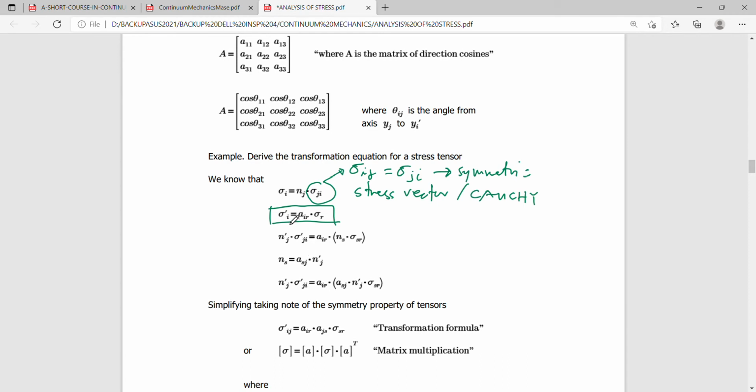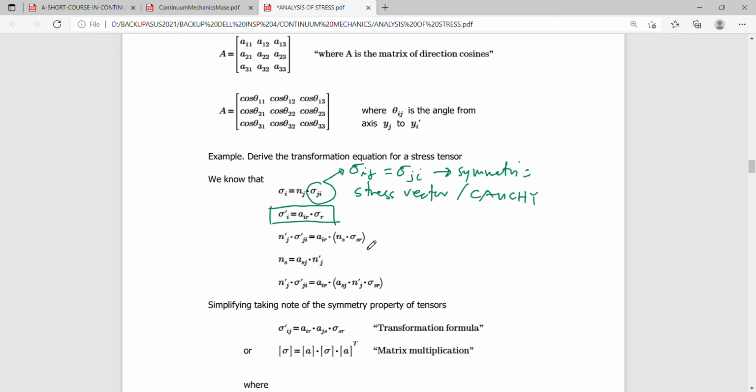I just place a symbol to refer to the new set of coordinate axes, and this is equivalent to Air, and then again I substitute the stress vector formula on the sigma r without any prime. So this is now ns sigma sr.